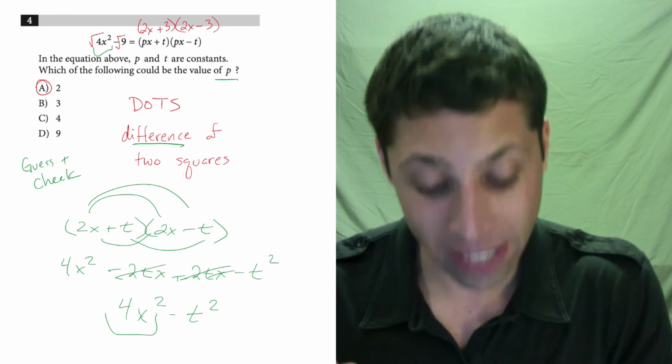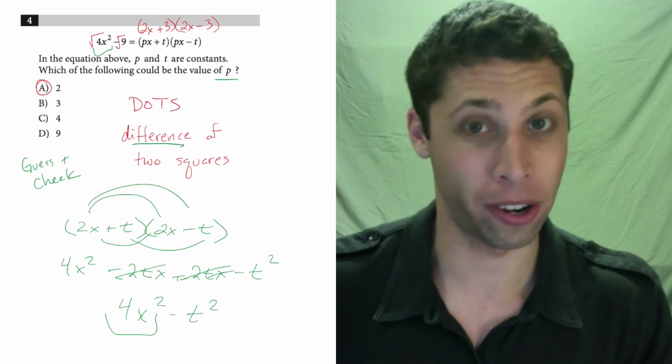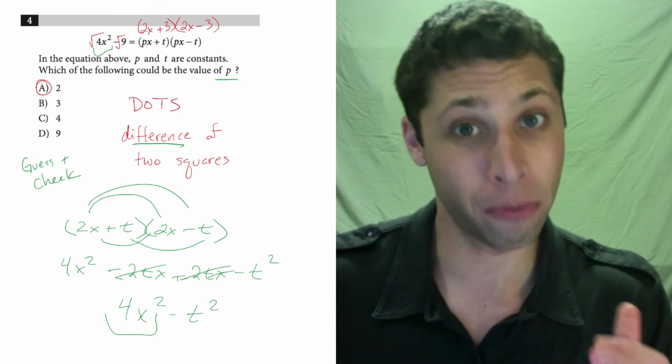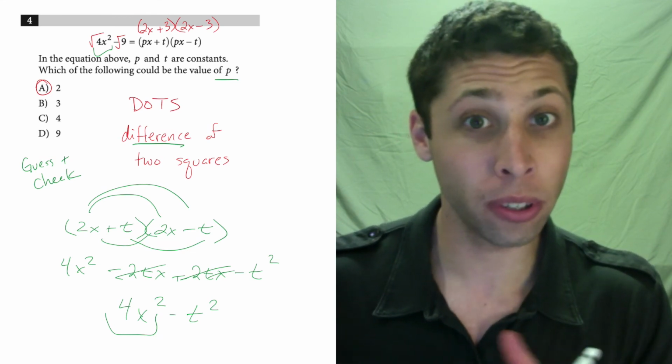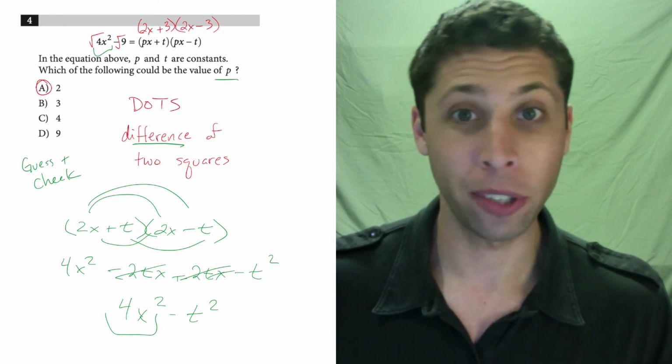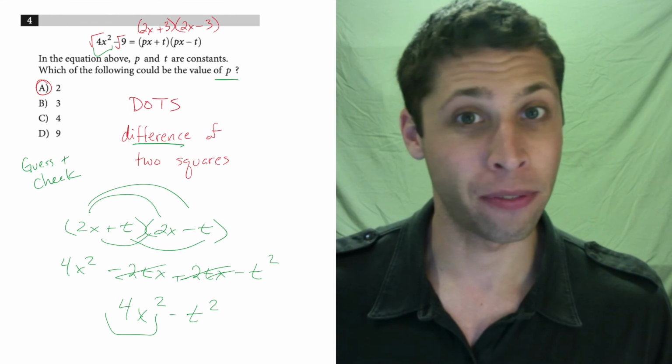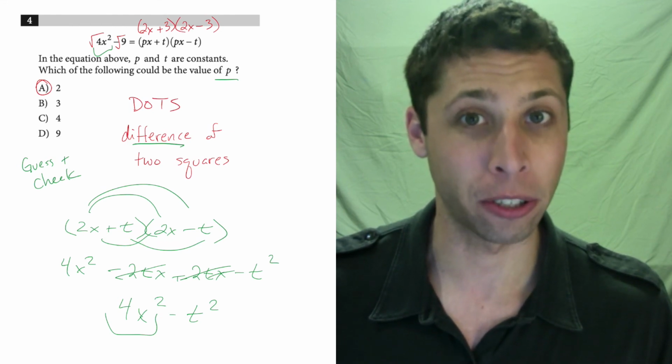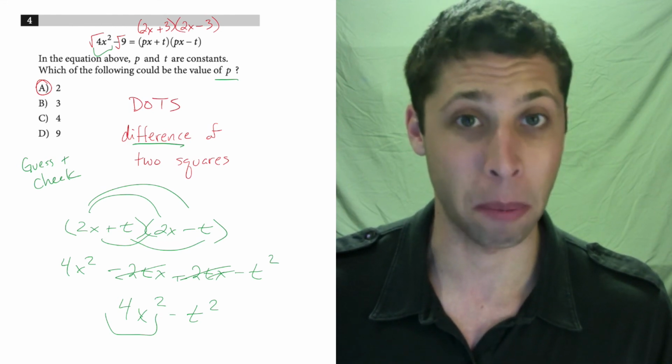It has to be a difference of two squares. Then this is the formula. You take the square root of both, and then one's a plus, one's a minus. So hopefully that sticks with you. Maybe if it doesn't, spend some time on Khan Academy learning about difference of two squares factoring. It does come up in the SAT quite often.